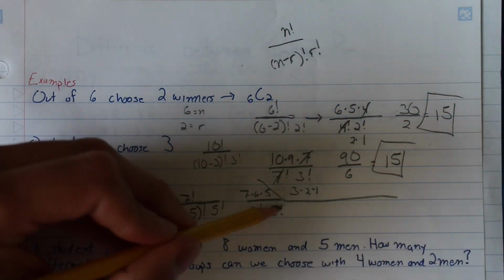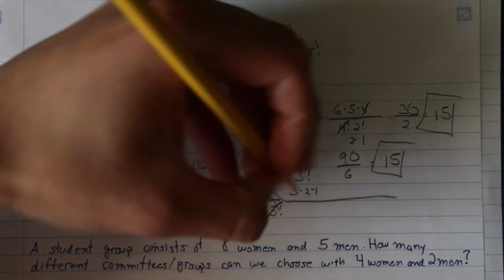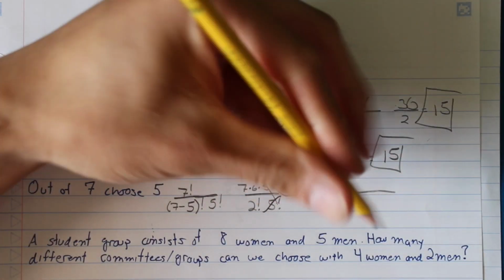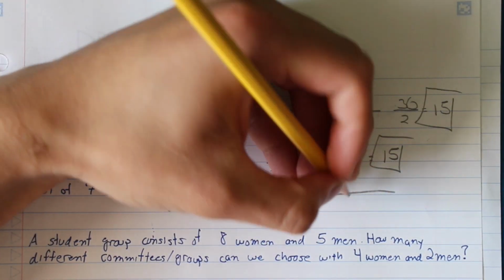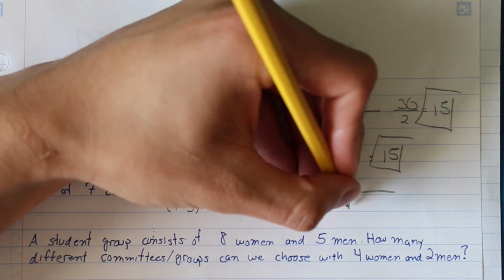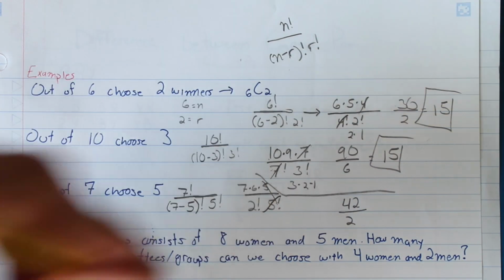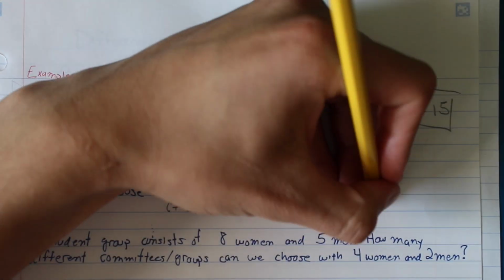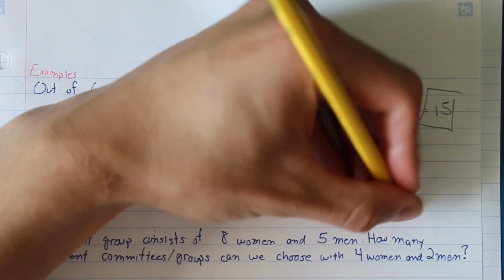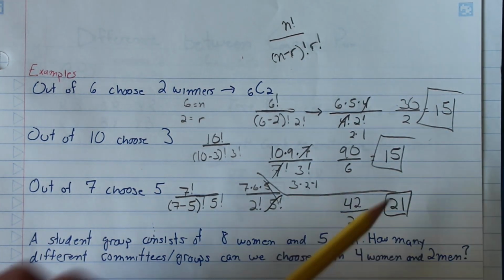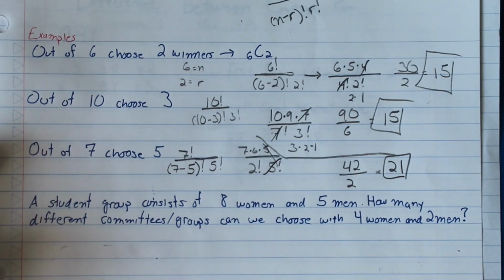And as I did with the other ones, it's the same one. We're just going to cross it out, okay? I apologize for the mess here, but so now 7 times 6, so that's, what is that, 42, I think? 42 divided by 2. It should be 21, I believe. And you can try these with the calculator, which I'll show you in a moment, and it should give you the same thing. So now let's go to the word problem.